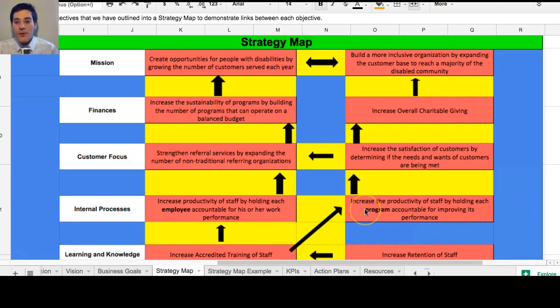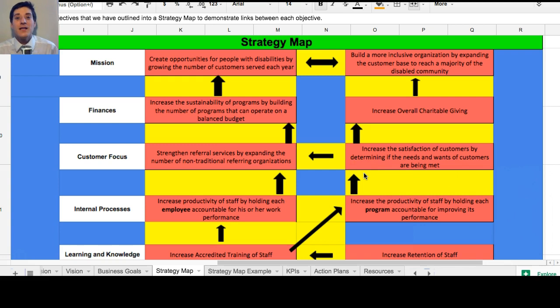When we talk about program quality and program accreditation, we also have to think about how that relates to our customer satisfaction and the referral services. Notice how these link to these objectives, and how customer satisfaction links to referral services. There's a relationship between these, and it's almost like you're following a path, following a maze.